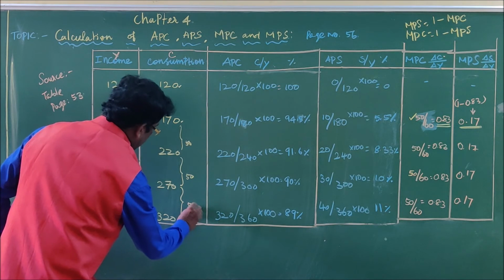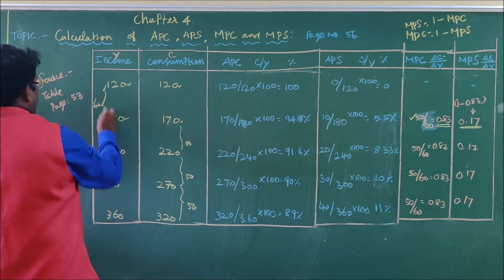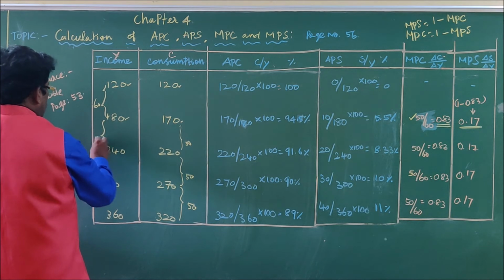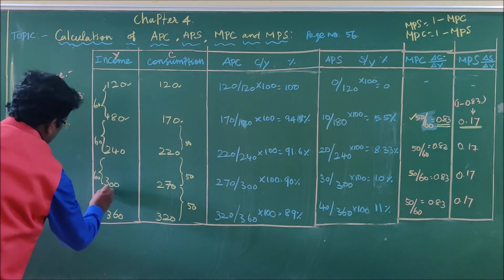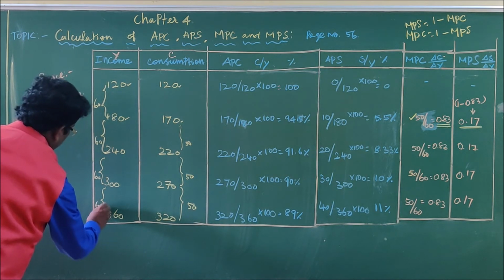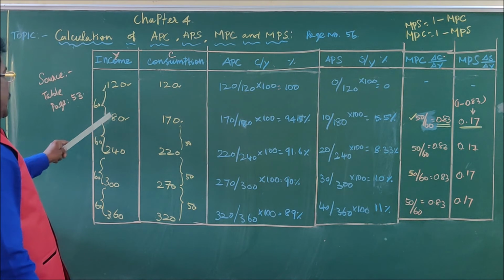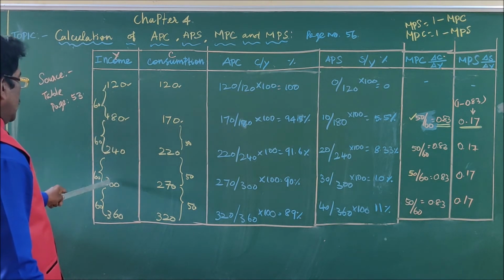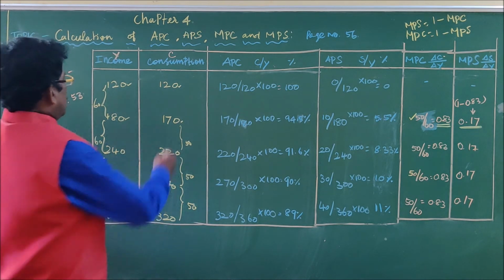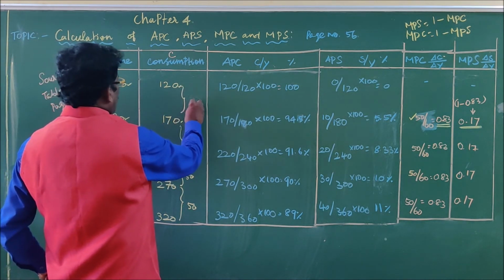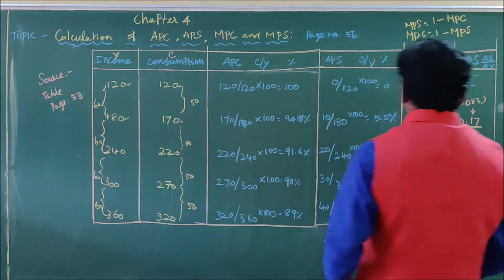And likewise, the income is increased by 60 rupees: 120, 180, then 240, 300, 360. Income increases by 60 rupees, but the consumption increases by 50 rupees. So it applies to all the cases.